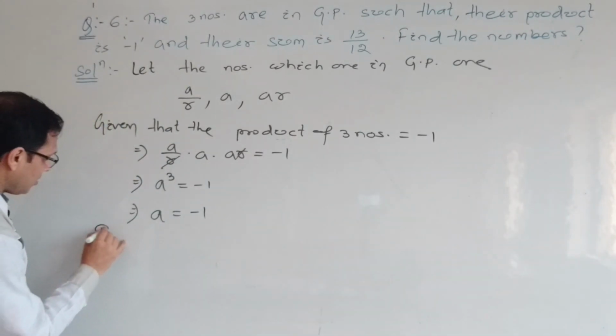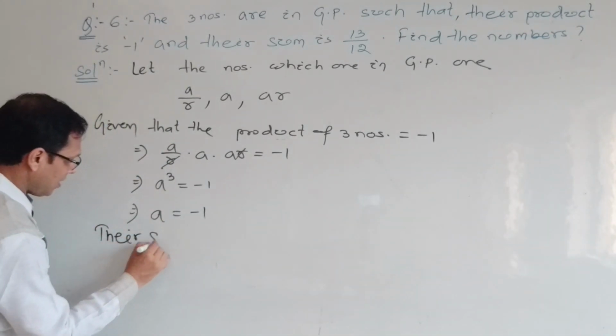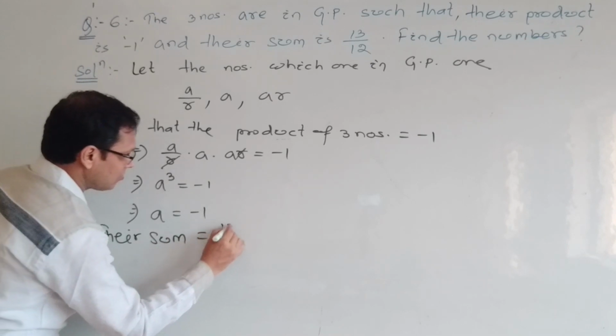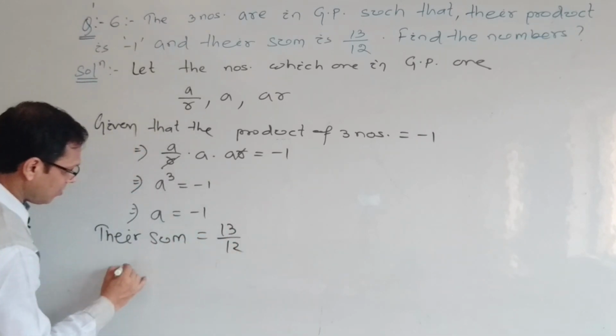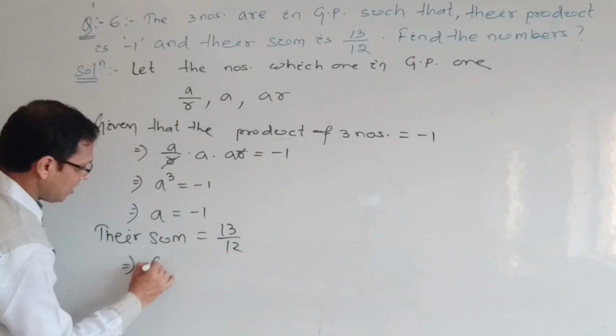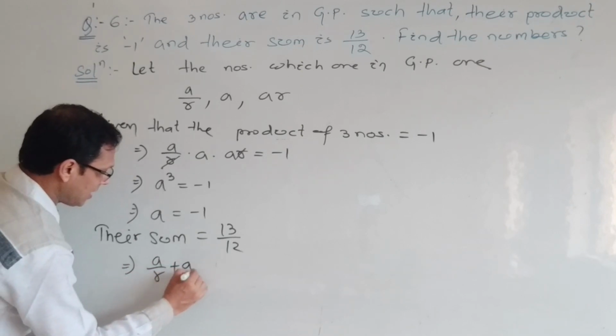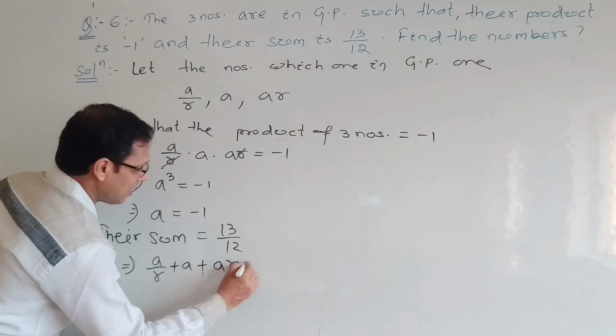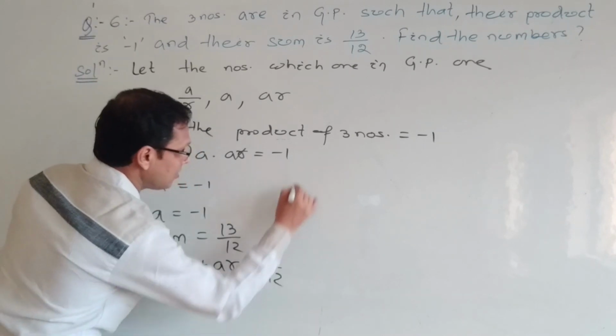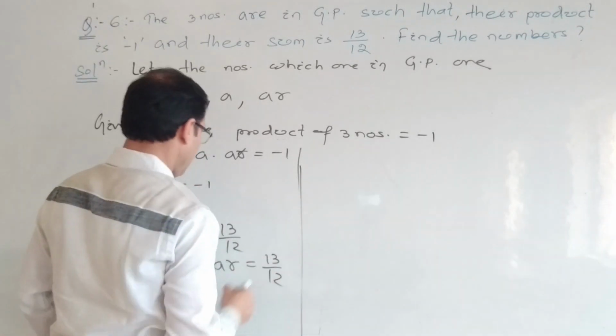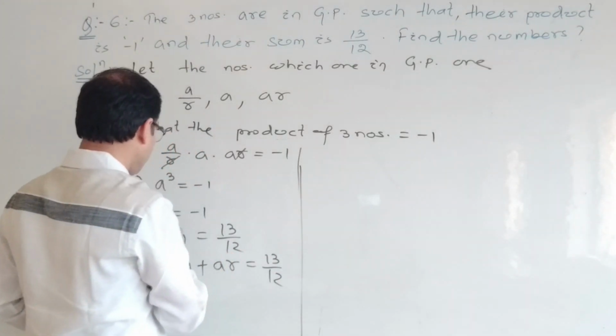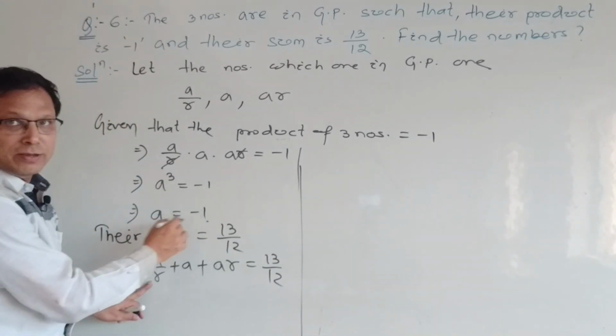Now again another one is given, their sum is 13 by 12. So their sum is equal to 13 by 12, or in other words A by R plus A plus AR is equal to 13 by 12. Now, we have found A is equal to how much? Minus 1.